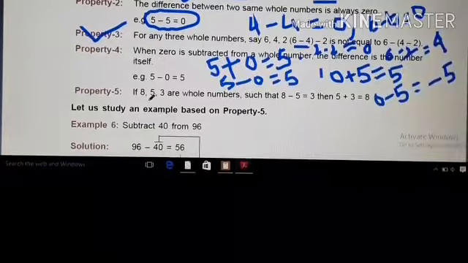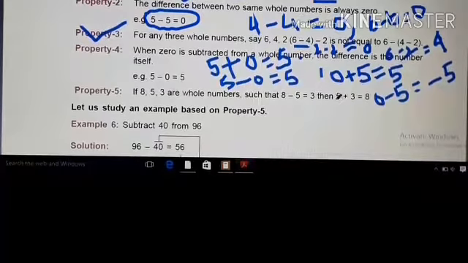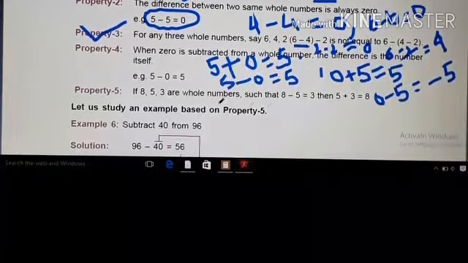If 8, 5 and 3 are whole numbers such that 8 minus 5 is 3, then 5 plus 3 is 8. Mind it.